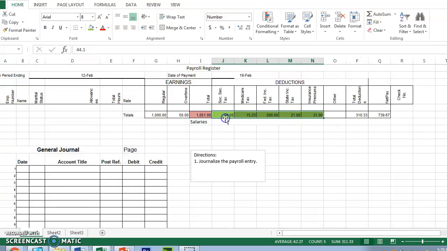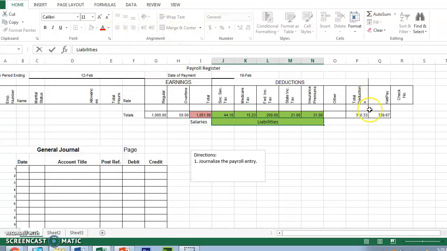Social Security needs their money, Medicare, federal income tax, state goes to the Wisconsin Department of Revenue, and the insurance company wants their money. So those are considered liabilities. You haven't paid them to the government agencies, you just took them out of your employees' paychecks.